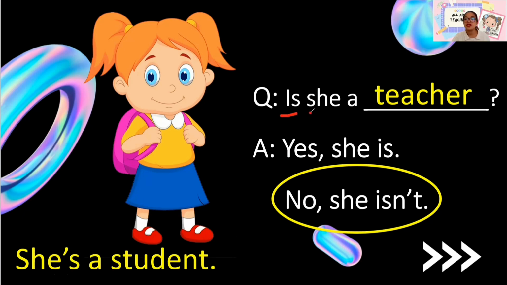Is she a teacher? Very good. The answer is no, she isn't. Very good. Why? Who's she? She is a student.